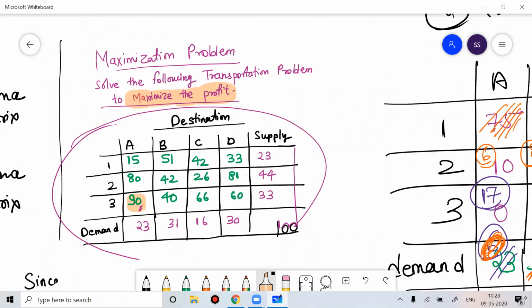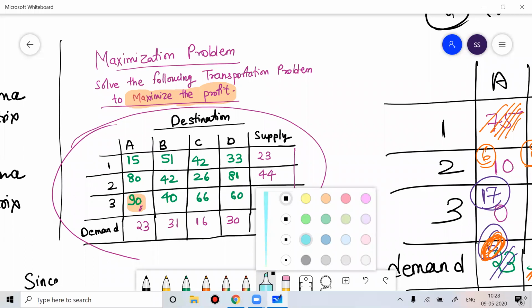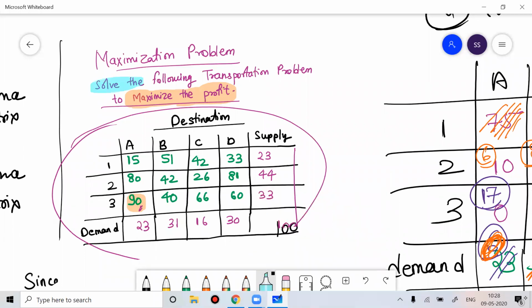You see the objective function. What was your objective function? Your objective function is to solve the following transportation problem to maximize the profit. So this was your objective.